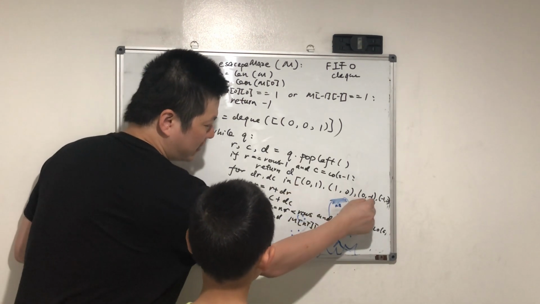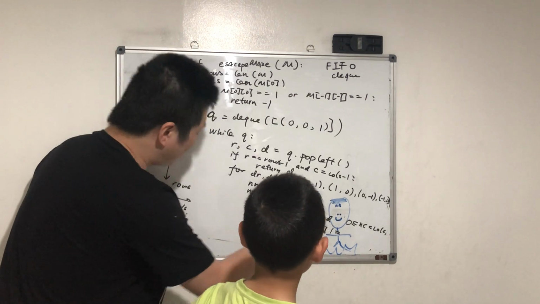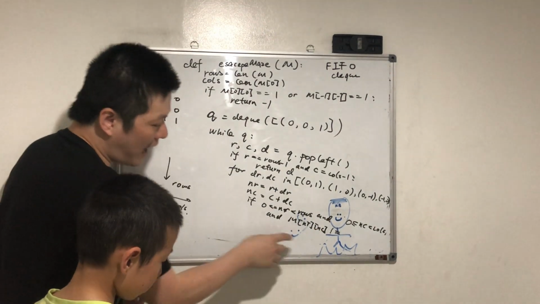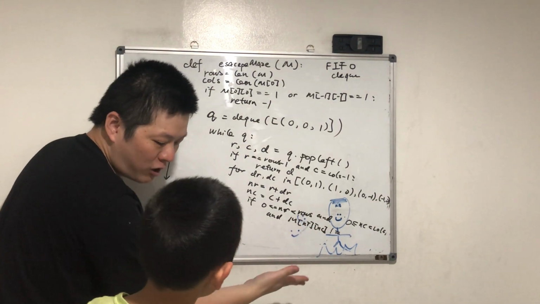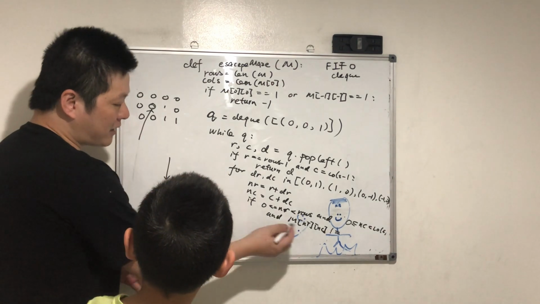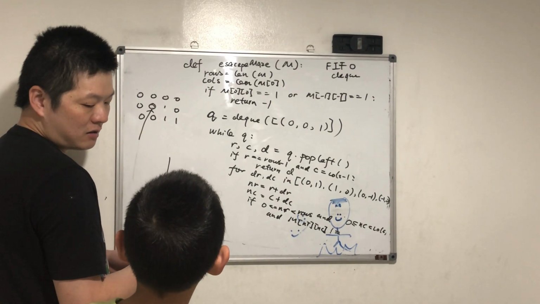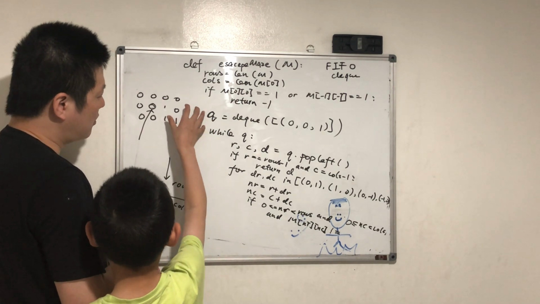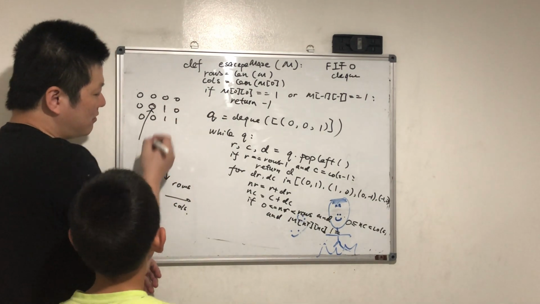Try these 4 directions, and if the next direction is still in this maze, not outside the maze, and also it's not a wall. So what's the wall picture here?